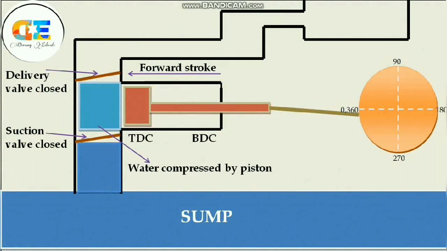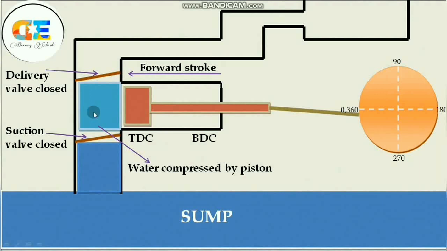Now the crank is continuously rotated. Okay, when the crank angle is 360 degrees, the piston goes from BDC to TDC, meaning bottom dead center to top dead center, and the motion of the piston from BDC to TDC is called the forward stroke, or we say the forward motion of the piston. At that time both the delivery valve and the suction valve are closed. Then the water is compressed by the piston.